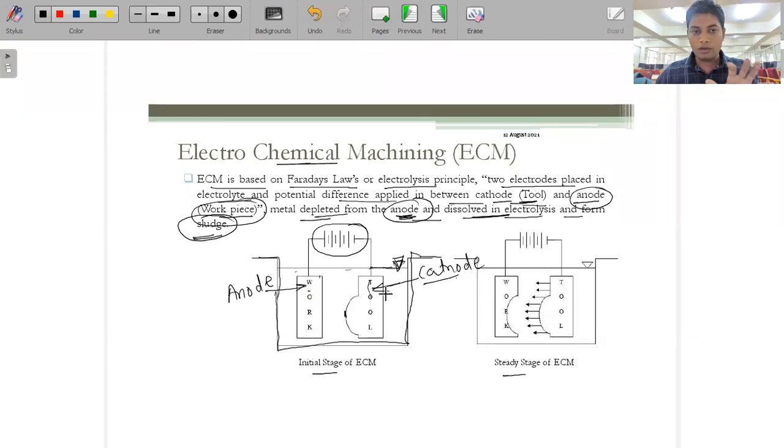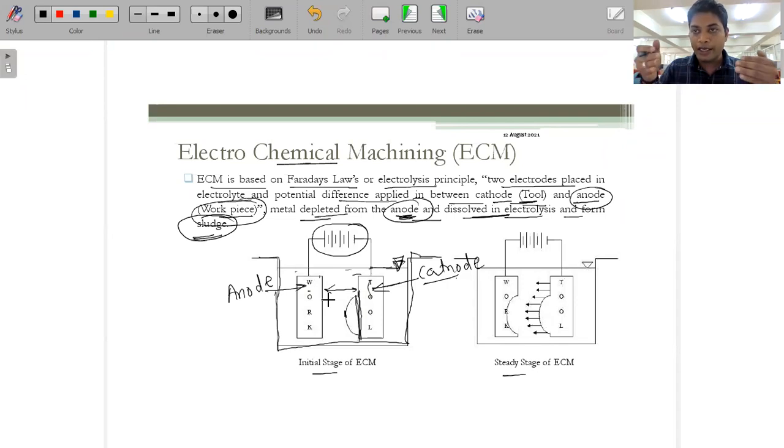Now if I simply discuss the principle part, just assume that initially it is horizontal. So the minimum gap is required, meaning throughout the length from here to here, this minimum gap should be maintained between the workpiece and the tool.